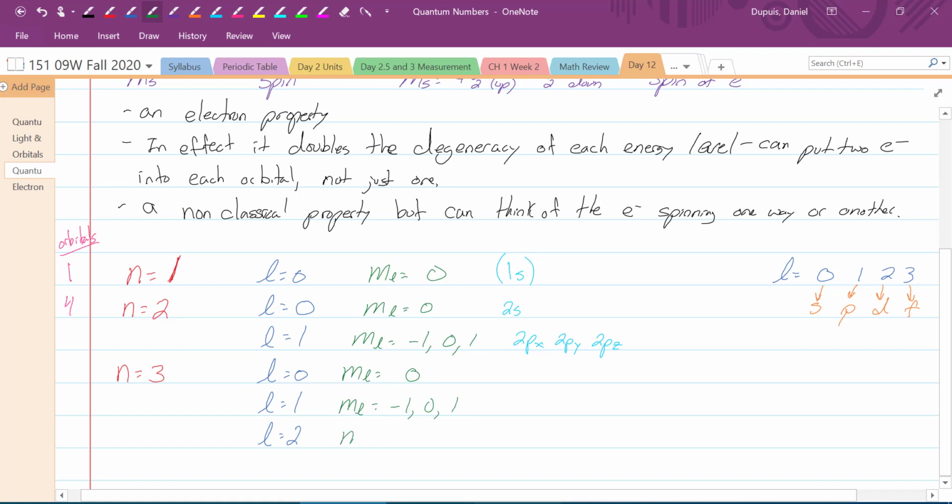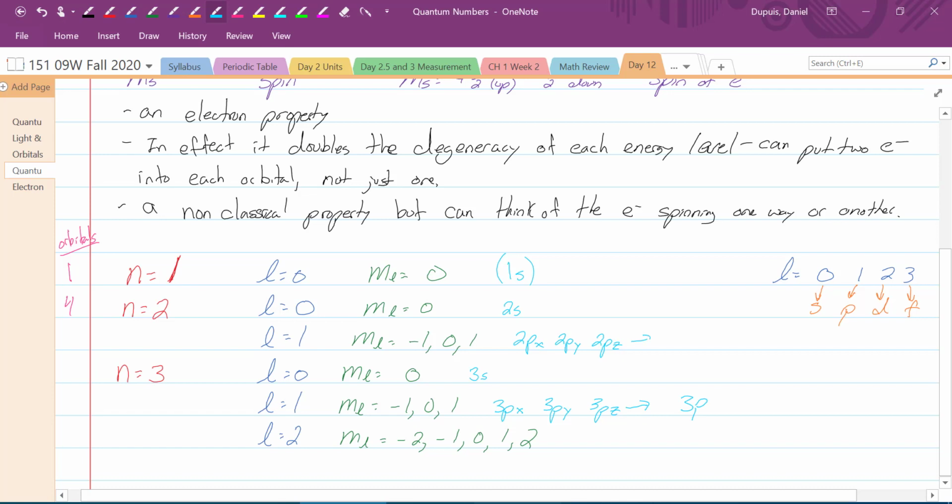If L is 2, M sub L can be negative 2, negative 1, 0, 1, 2. So if L is 0 and n is 3, that would be a 3s orbital. If L is 1, I'd have 3px, 3py, and 3pz. We pretty much just call them 3p. We'll lump all of these into just saying 3p orbitals.